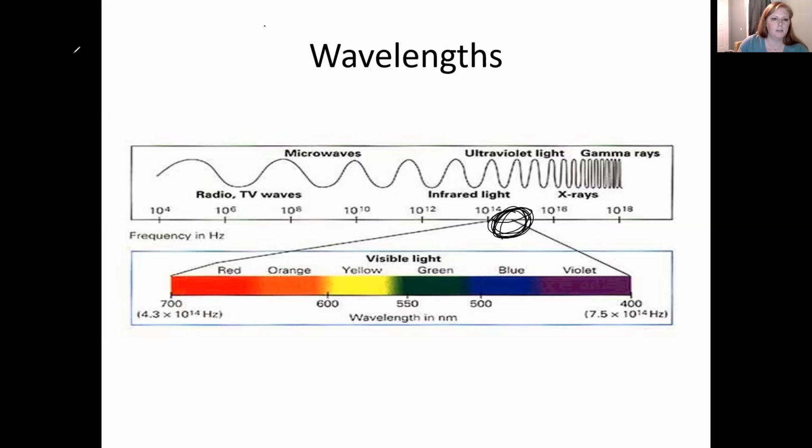Actually, I'm going to change this color. This is what we're able to see with our eyes, unassisted.